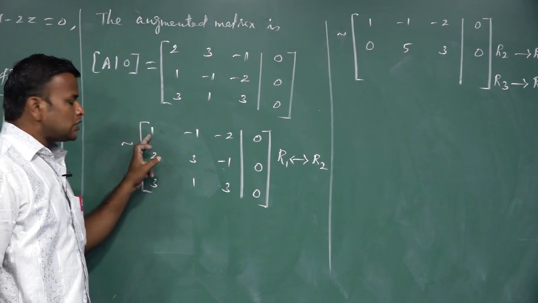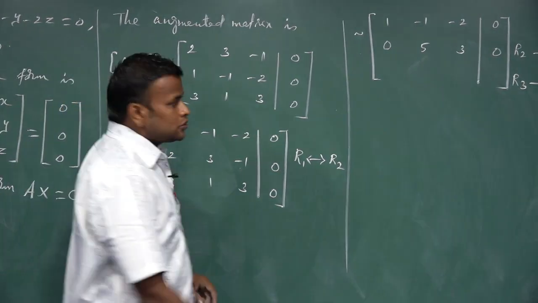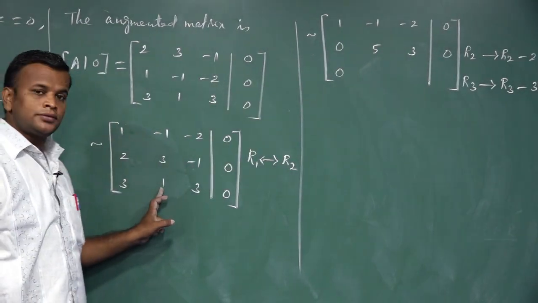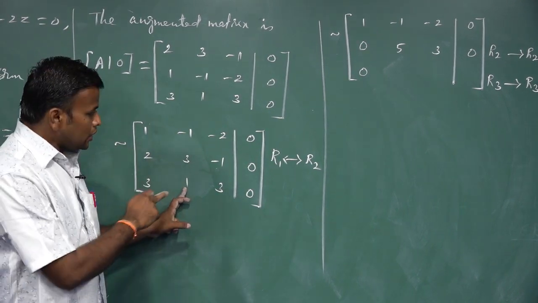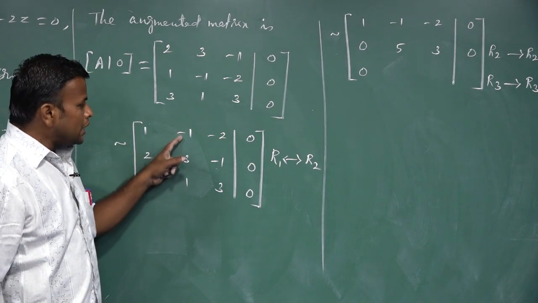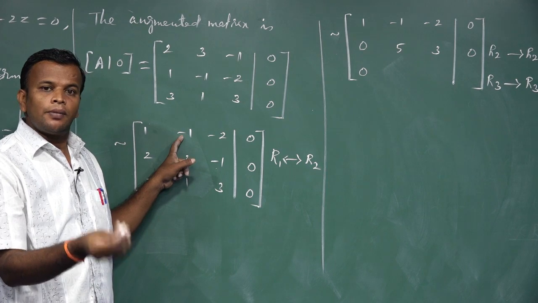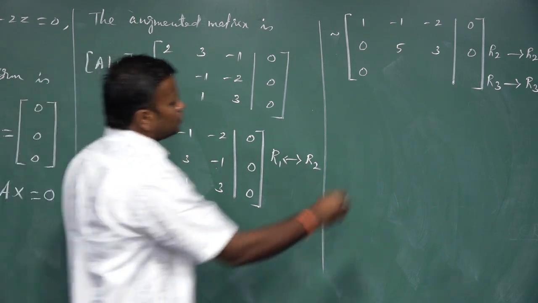3 minus 3 times 1, minus 3 ones are 3. 3 minus 3 becomes 0. The number 1, how to write R3? R3 minus 3 times R1. 1 minus 3 times minus 1. Minus 3 into minus 1 is plus 3. Already here is 1, so 1 plus 3 is 4.